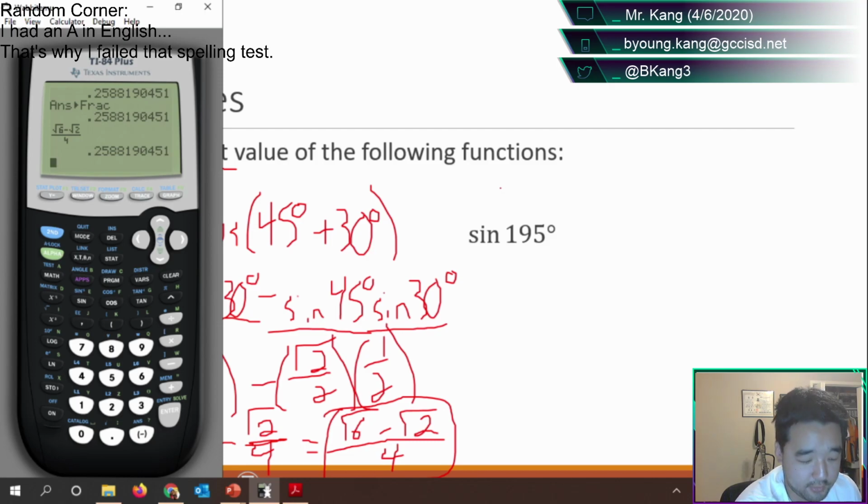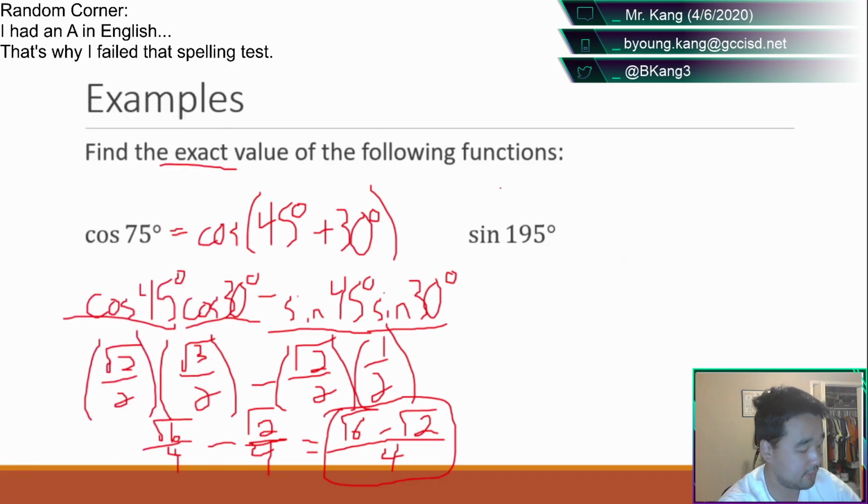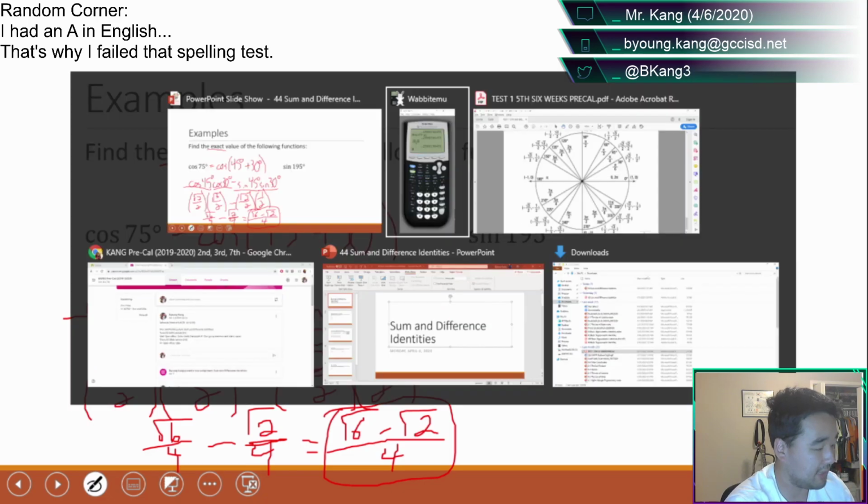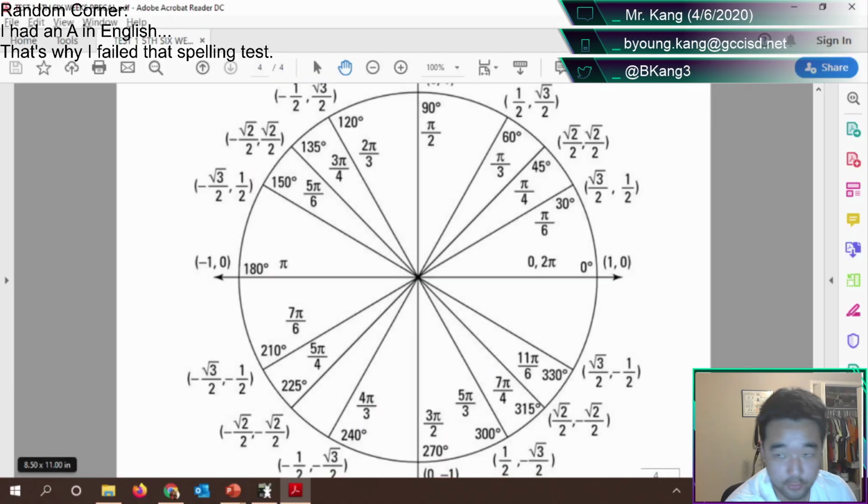Just come up with 2 numbers that add or subtract to the given part of the problem. Then you use the appropriate formula off of this page, and usually you end up looking up 4 things off the unit circle. It's going to be some combination of 1/2, square root of 2 over 2, or square root of 3 over 2 every single time.